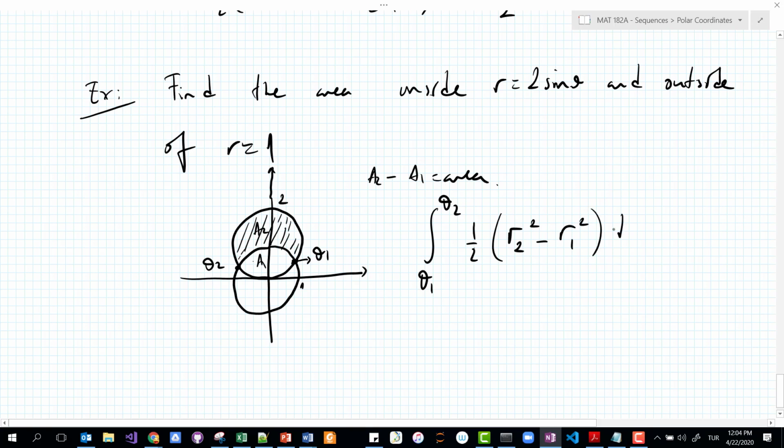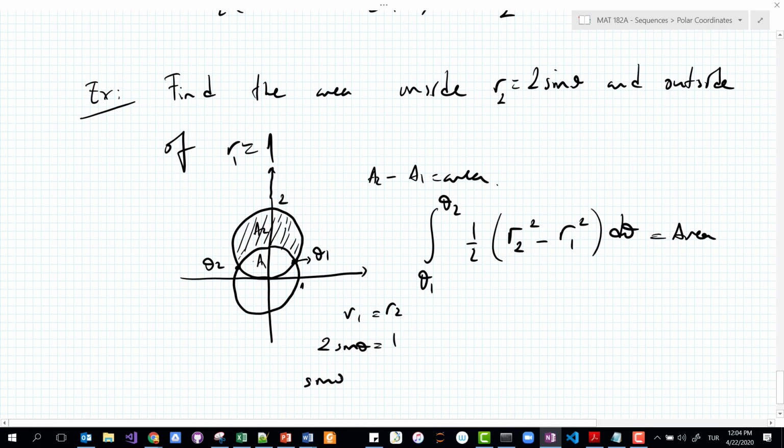So r2 in this example is the curve above, and r1 is the lower curve. That's how I'm going to calculate these types of problems. So the problem is to figure out the intersection points. To figure out intersection points, I'm going to make them equal, where the curves are equal to each other.